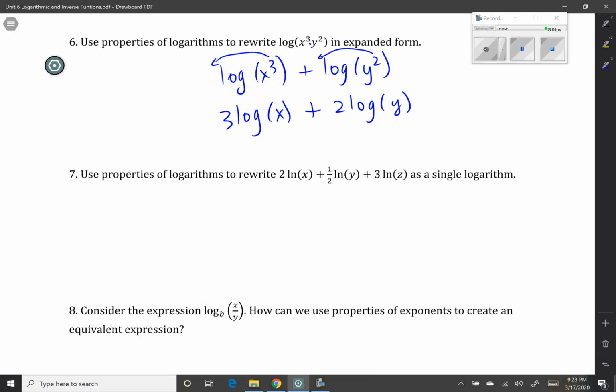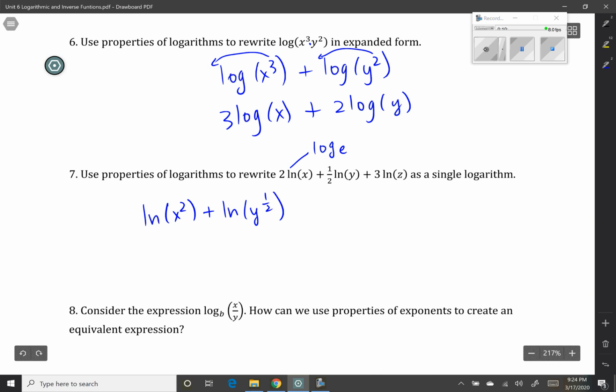So here's an example where all 3 logarithms are separated. Notice in this case, I'm using natural logs. ln is the same thing as log base e. So the first thing I want to do is bring them all together by making all of those coefficients exponents. So I'll say the ln of x squared plus the ln of y to the 1/2 plus the ln of z to the 3rd power.